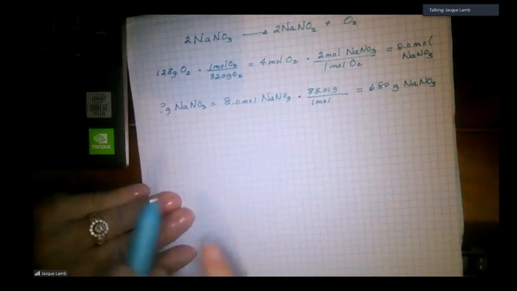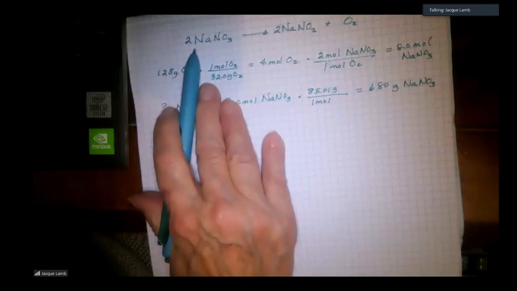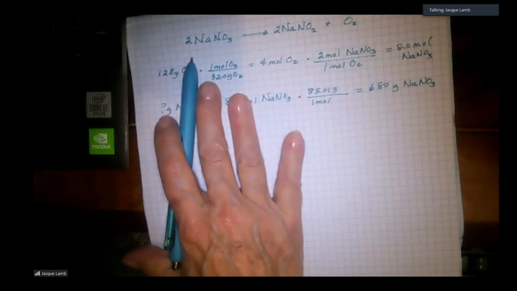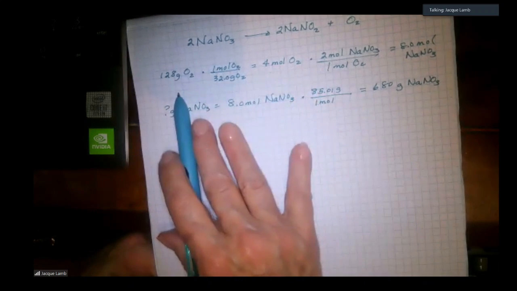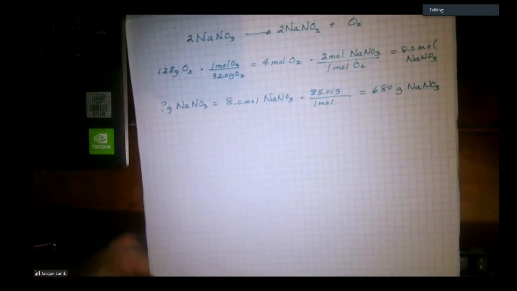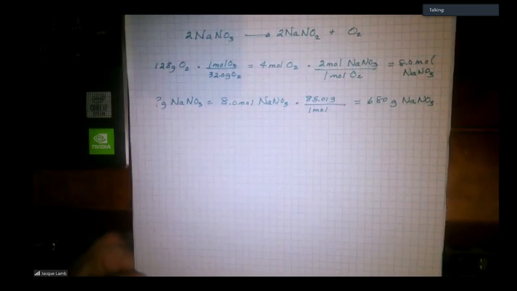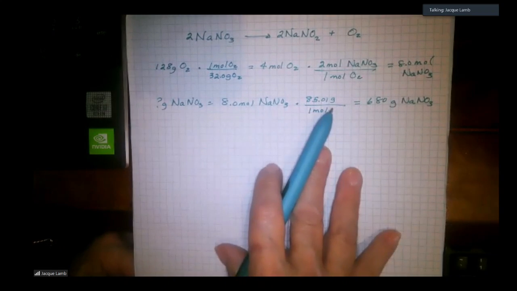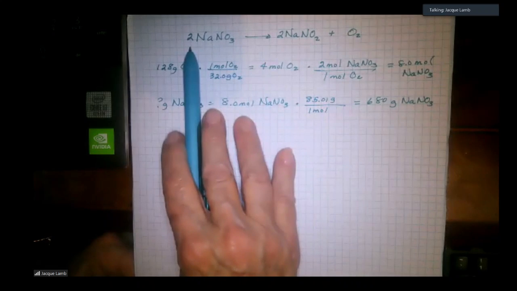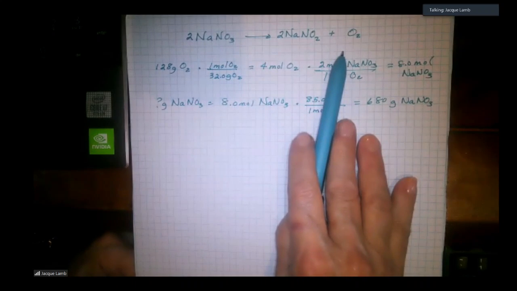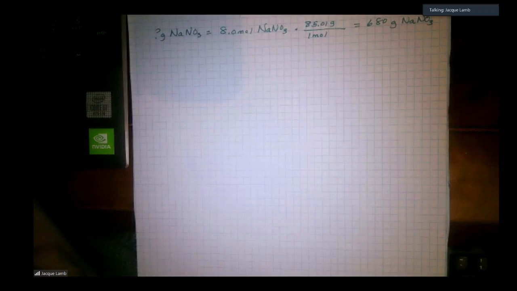So I would need to decompose 680 grams of sodium nitrate in order to produce 4 moles, or 128 grams, of oxygen. Okay, so that's a slightly different way. It's still a very simple problem. It's just that I was not given the equation. I had to produce the equation and balance it. Simple enough to do, not that hard.